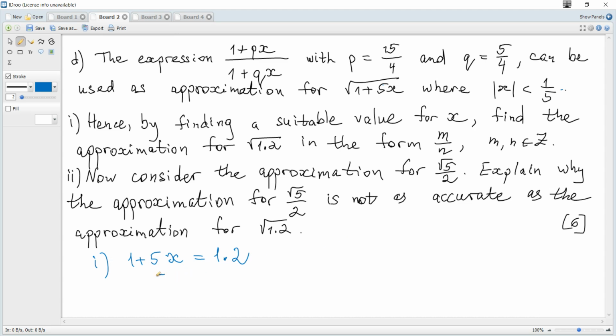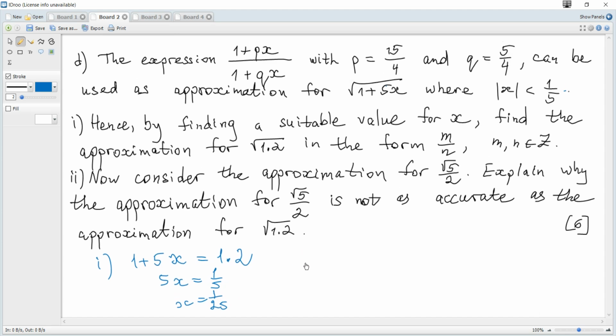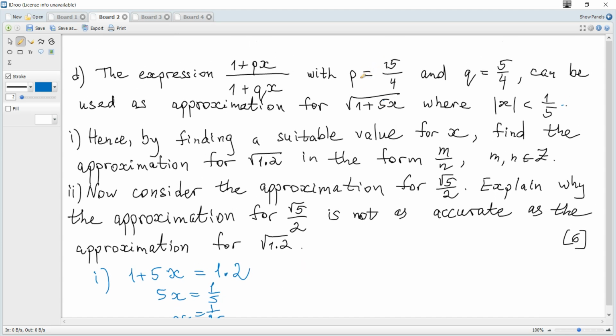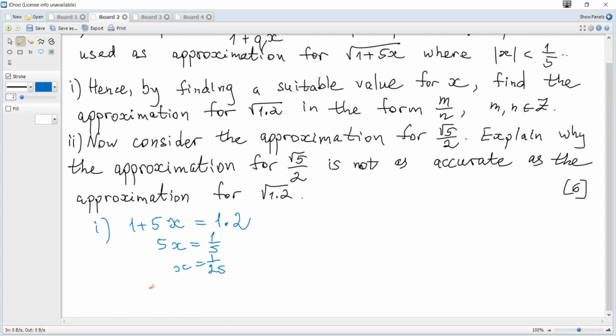So 5x is 1.2 minus 1 is 0.2, and 0.2 is 2 over 10 or 1 over 5, hence x is 1 over 25.